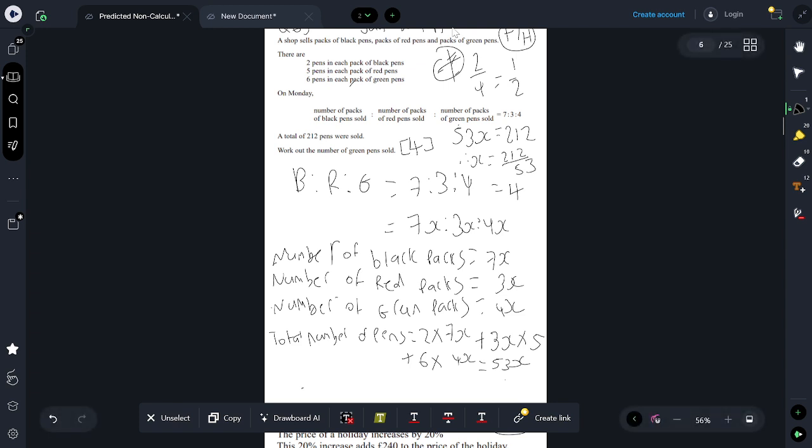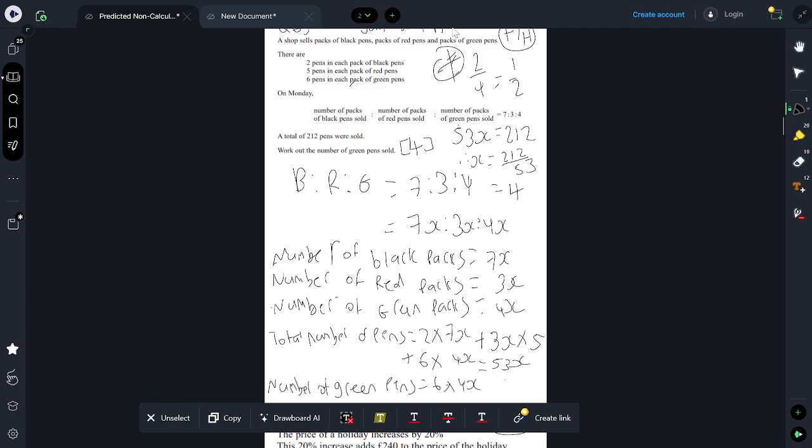Okay, so now we want the number of green pens. That's how many pens there are times how many packs there are. So that's 6 pens, and there are, if you look here, 4x packs, right? 4x, so that's how many packs there are.